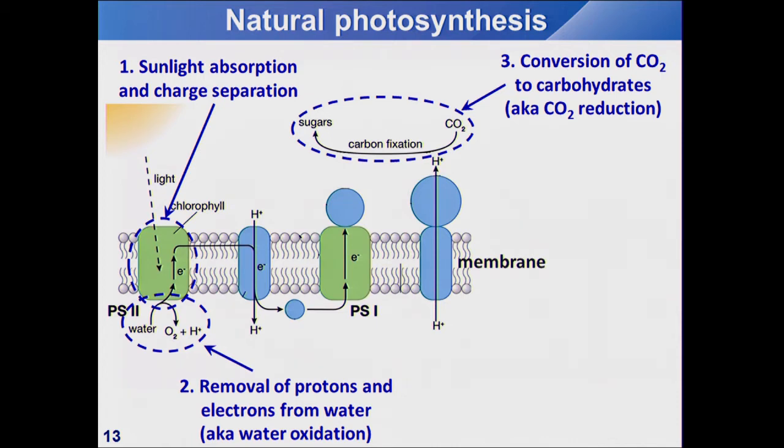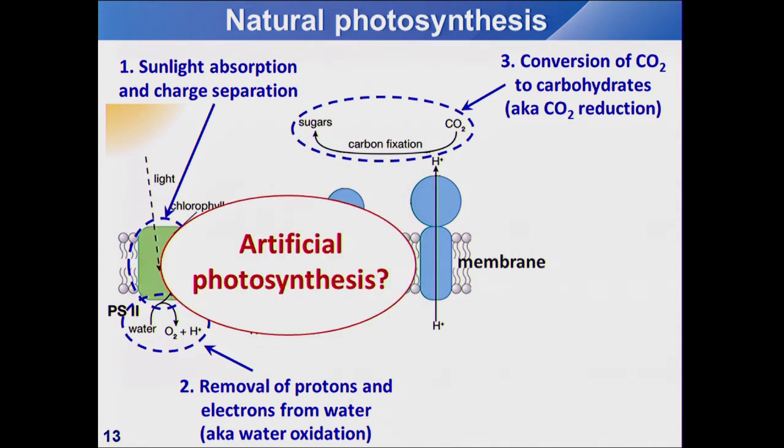Then it transfers these electrons and protons across the membrane to photosystem 1, where it combines protons and electrons with carbon dioxide and makes carbohydrates. That process is called reduction of carbon dioxide.